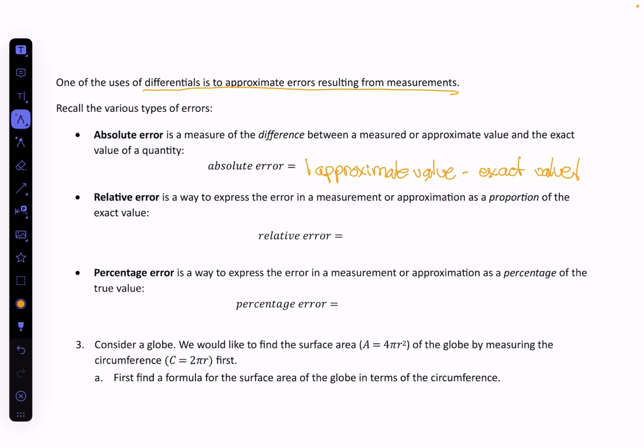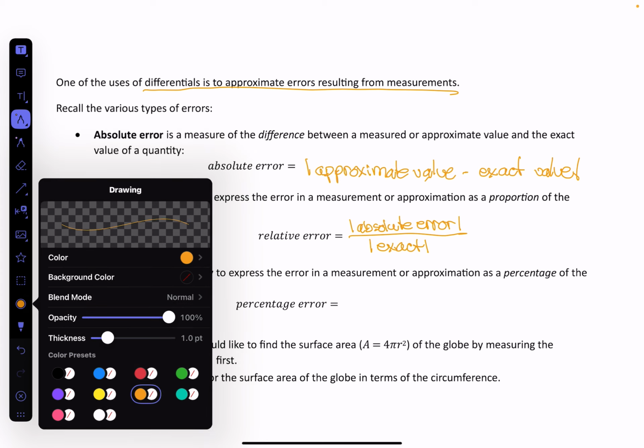The relative error is a way to express the error in a measurement or an approximation as a proportion of the exact value. So normally we would say that the relative error is the absolute error, and this can be in magnitude, but it doesn't have to, because absolute error is already in magnitude. And then we would divide by the magnitude of the exact value.